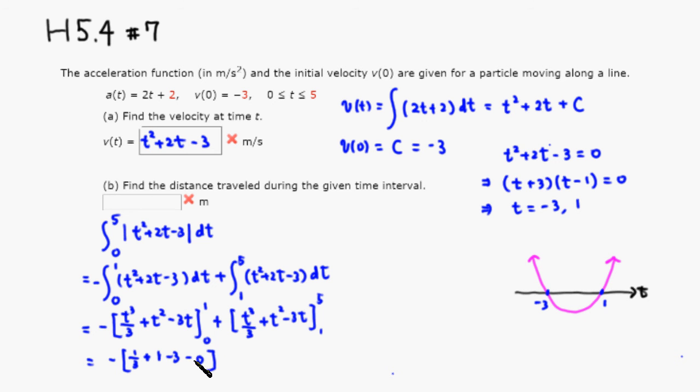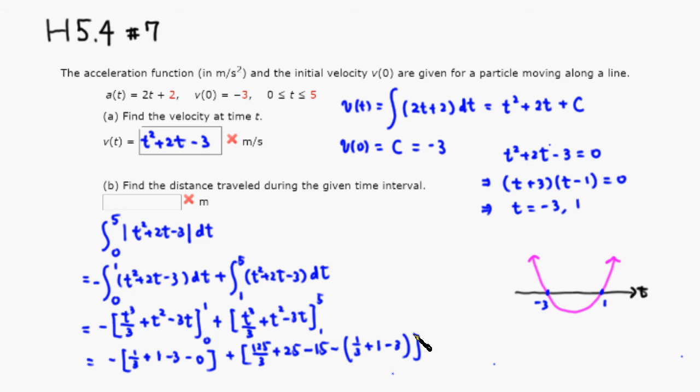Plus, if you plug in 5, it's 5 cubed, 125 over 3, plus 5 squared, which is 25, minus 15, minus plugging in 1: 1/3 plus 1 minus 3.